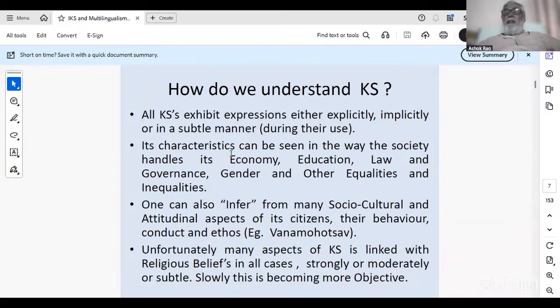Its characteristic can be seen the way the society handles its economy, education, law and governance, gender and other equalities and inequalities. We have to be very careful here. While we want perfect equality, there has been no society in history of time, including families in our own houses, where all are treated perfectly equal.